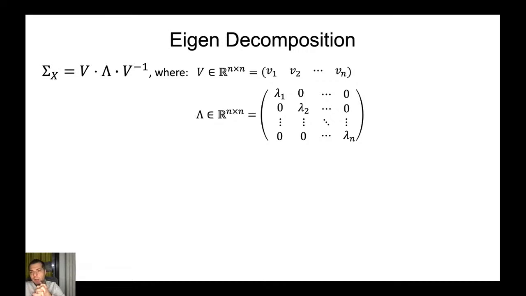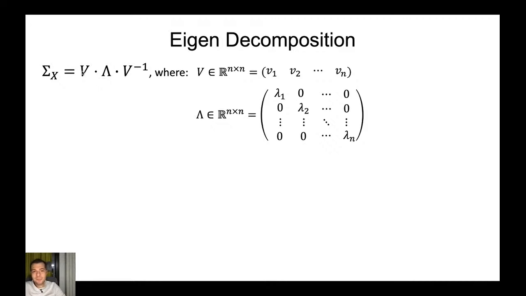In the formal definition we had the square matrix A, and in our case the matrix is the covariance matrix, sigma of X. And recall that the equation was A times the eigenvector equals lambda times the eigenvector.